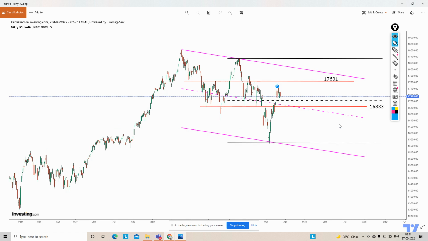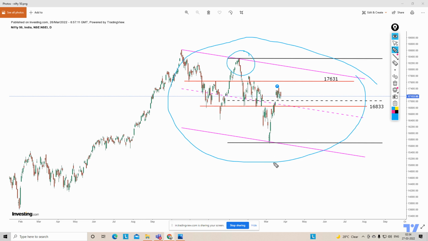And if you see the structure analysis, likewise we discussed in Nifty, this particular trend, I have again used the same color, the pink or the black, correct? The Nifty 50 is above the 50% of both the channels. It is above the 50% of the 5 month channel, as well as above the 50% of the last top which it made and the latest bottom which it made, correct?